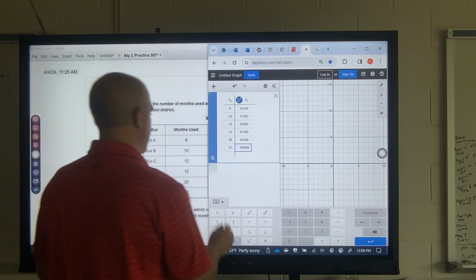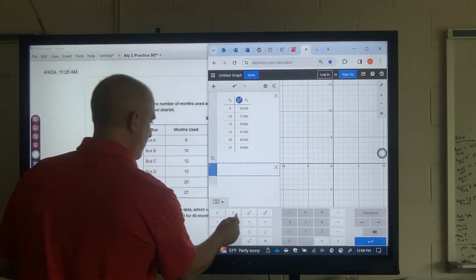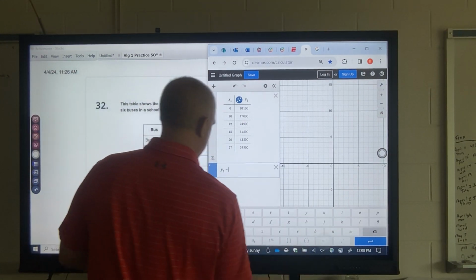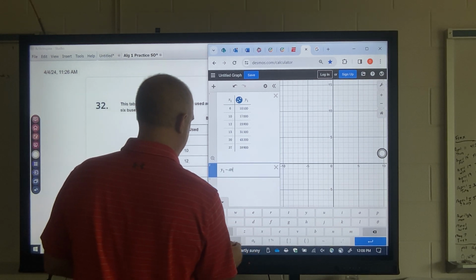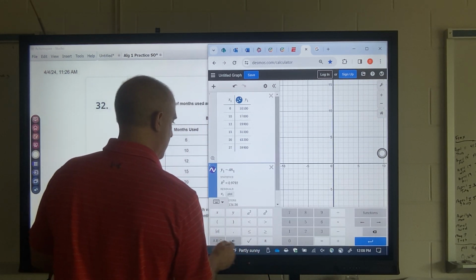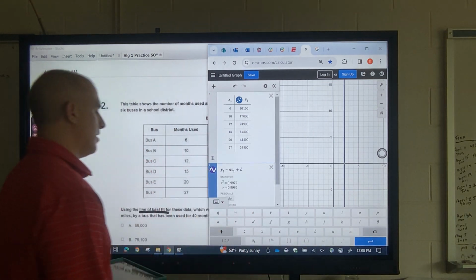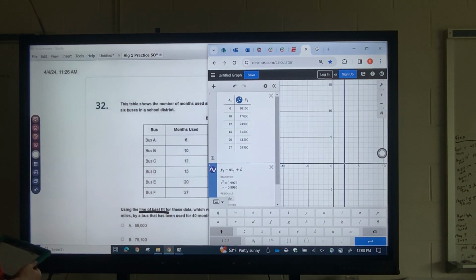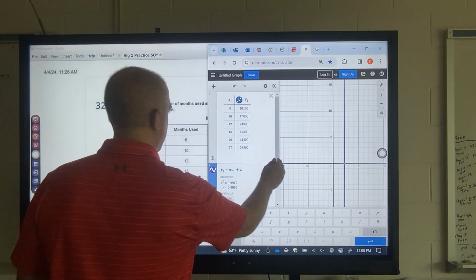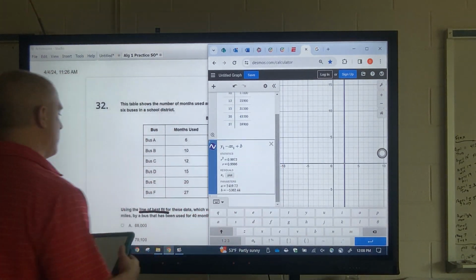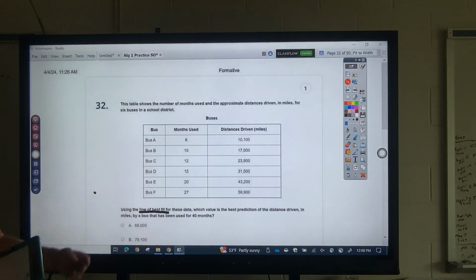59,900. Okay? Now, since it's a line of best fit, y1 tilde a x1 plus b. Okay? Now, for these questions, it says predict which value is the best prediction of the distance driven in miles by a bus that's been in service for 40 months?